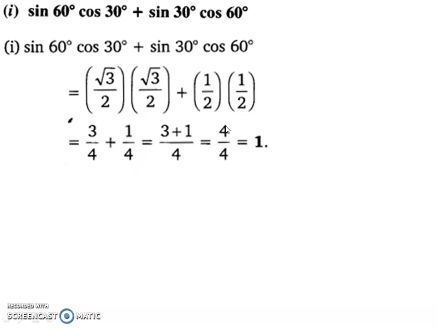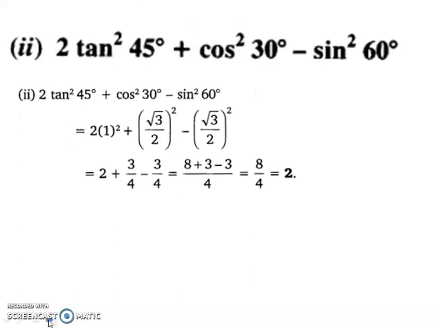What is that? It is 4 by 4 and it's equal to 1. So, sine 60 degree into cos 30 degree plus sine 30 degree into cos 60 degree is equal to 1.